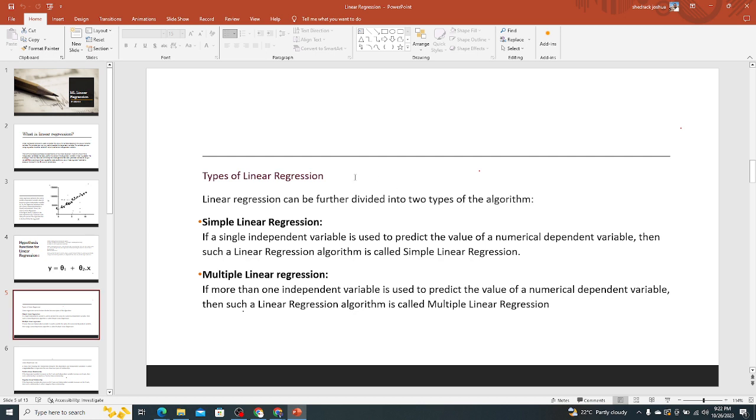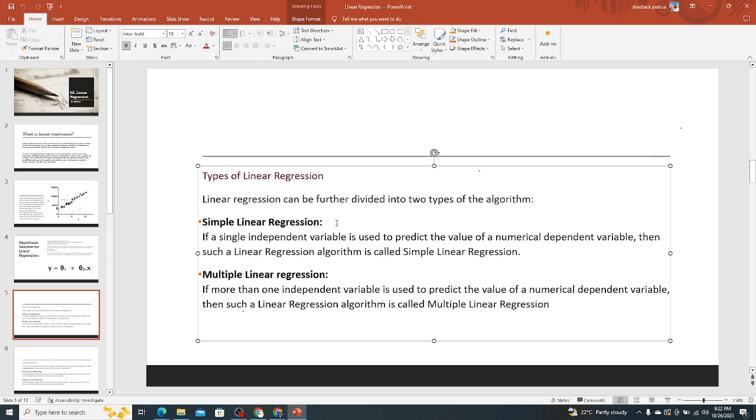Maybe to check types of linear regression. We have two major types of linear regressions. But we have different types of regression. Here we are only talking about linear regression, meaning there is a linear relationship between your variables.